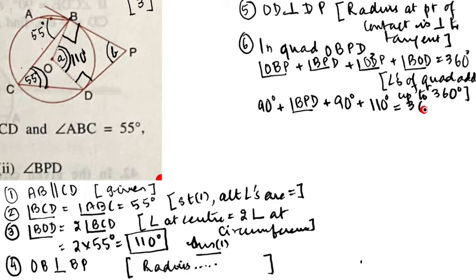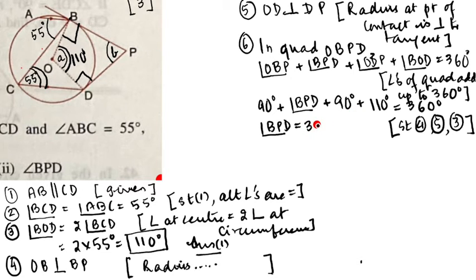That is equal to 360 degrees, and the reason for the 90 degrees and 90 degrees is statements 4 and 5. 110 is statement 3. So angle BPD will be equal to 360 minus 180 minus 110.